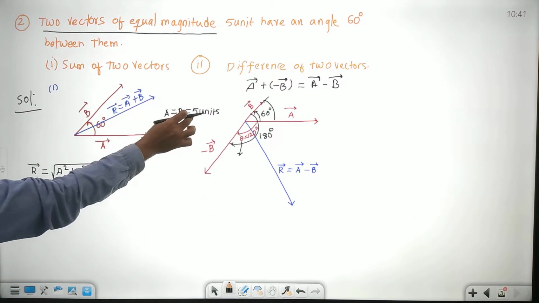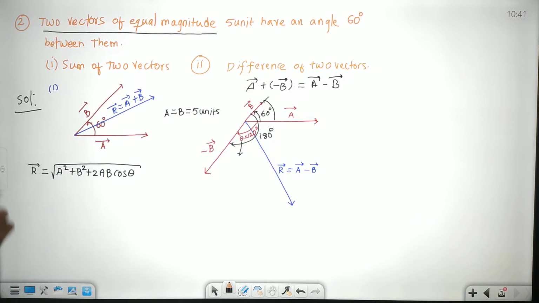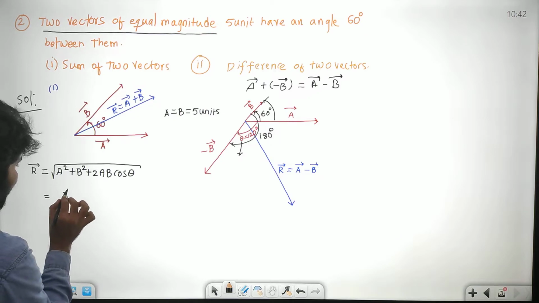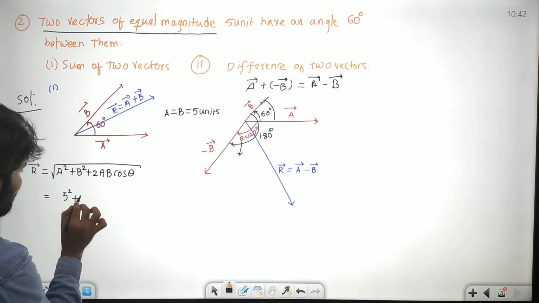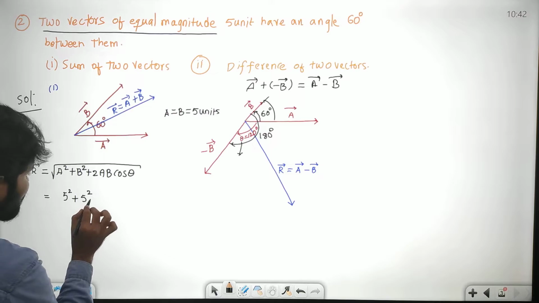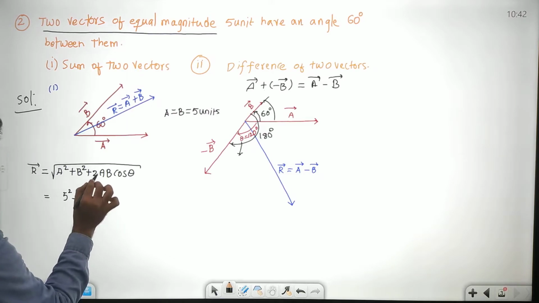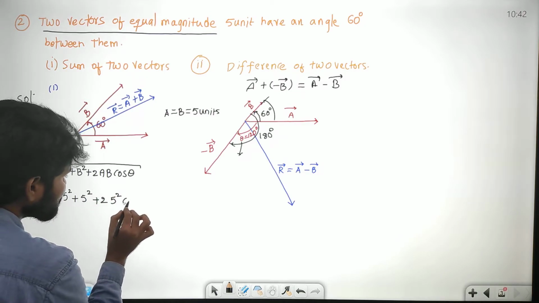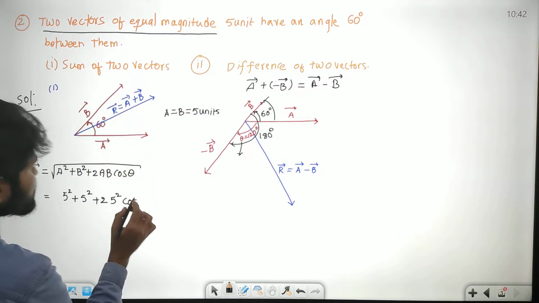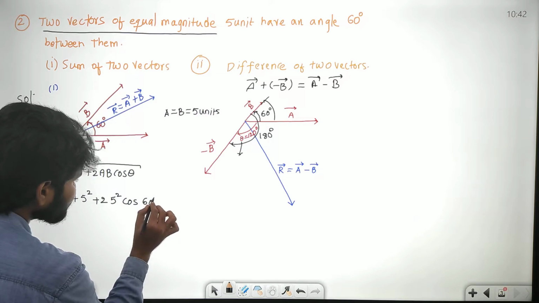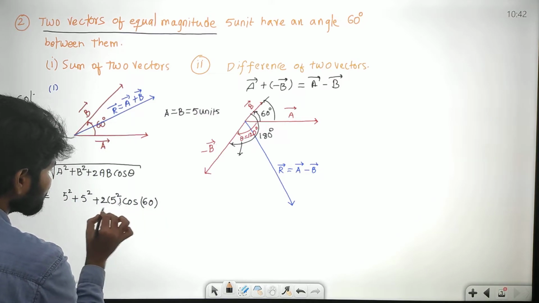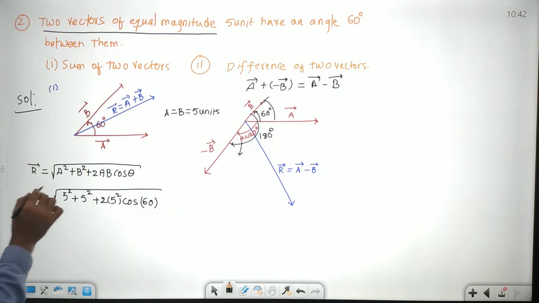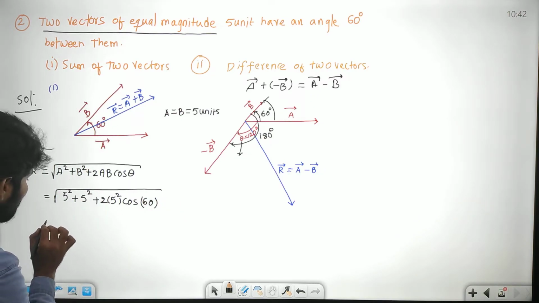Take 5 units and substitute in A and B. I get the whole root of 5 square plus 5 square plus 2 into 5 into 5 cos 60 degrees.